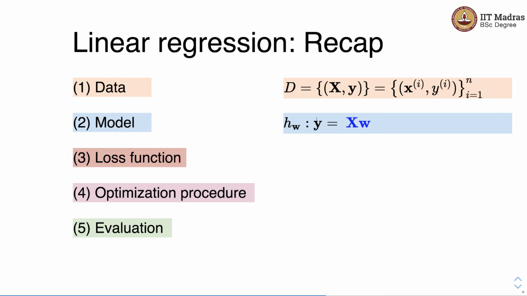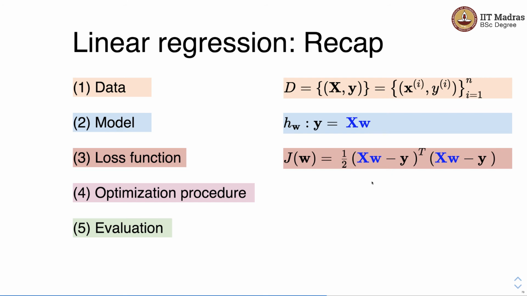In a vectorized form, we can obtain labels for all examples by performing a matrix-vector multiplication. So here the label y, which is a vector and contains labels for all examples, is calculated as a product of the feature matrix and a weight vector.